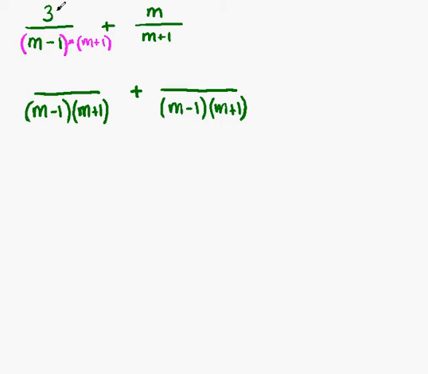Remember, if we multiply the denominator, we must multiply the numerator by the same amount. This denominator was multiplied by the opposite denominator again, this time m minus 1.